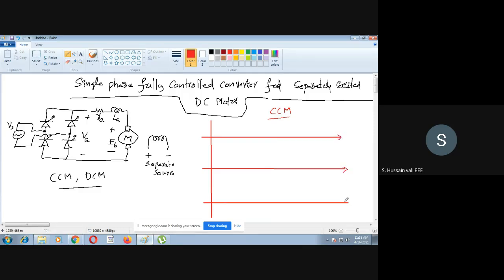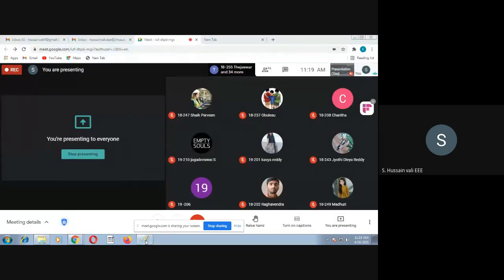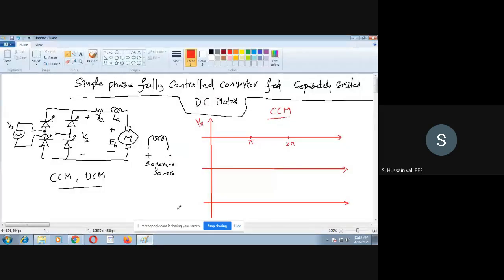Whatever you need to draw here, always remember it is required to draw the supply voltage waveform always. So first we will draw the supply voltage waveform.